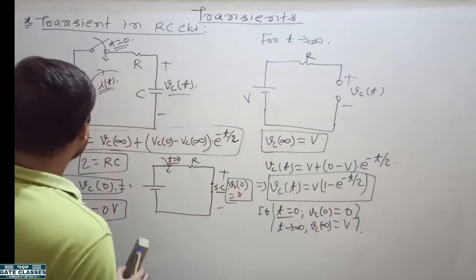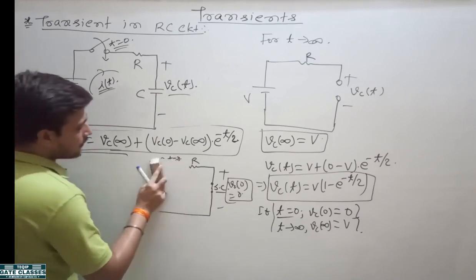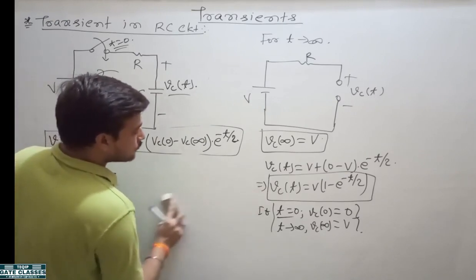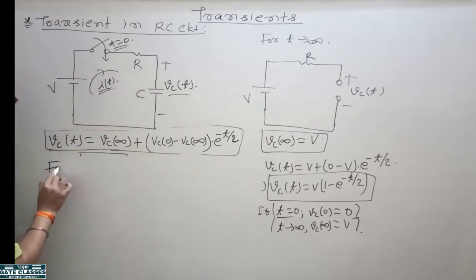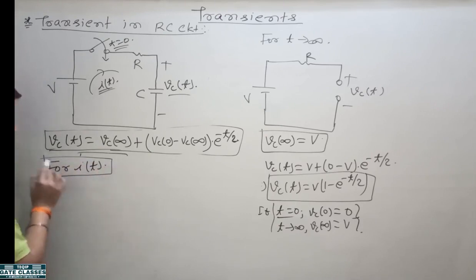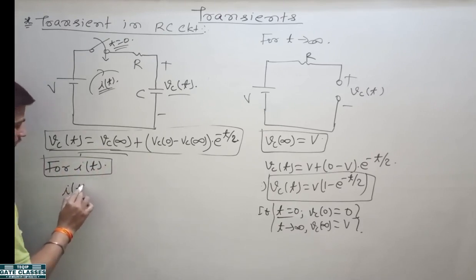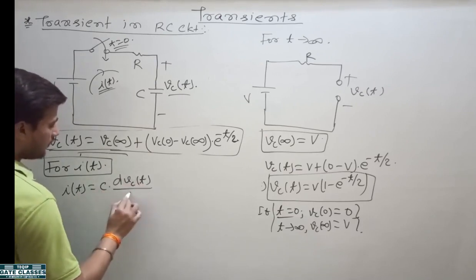Next, we have to find the expression for IT. So for IT, what do you know? You know that the expression of IT is C into dVC t upon dt.